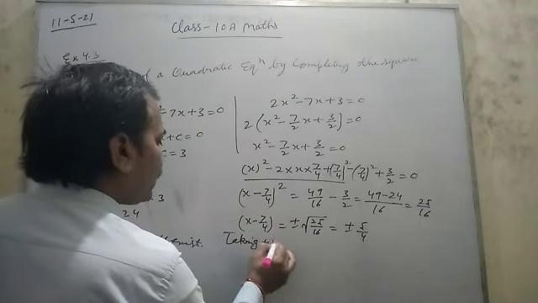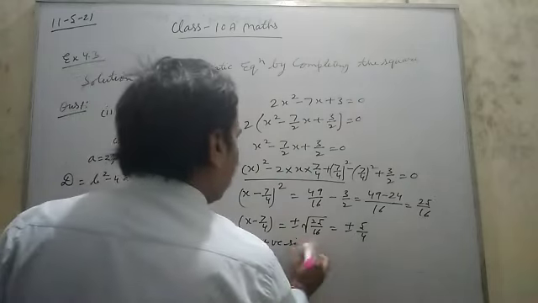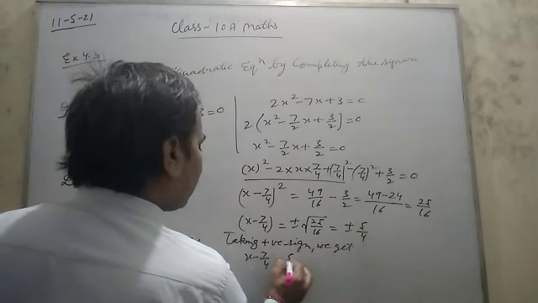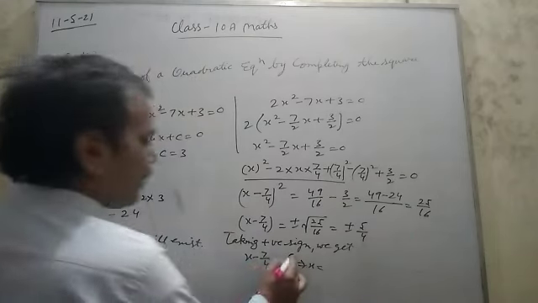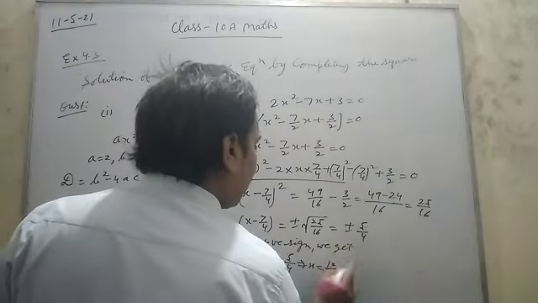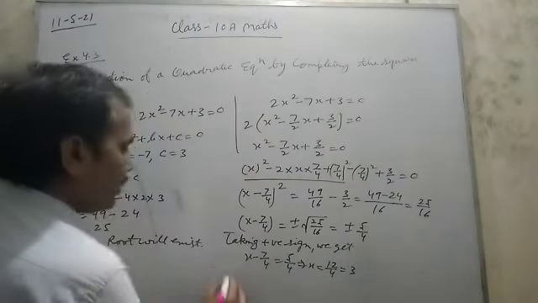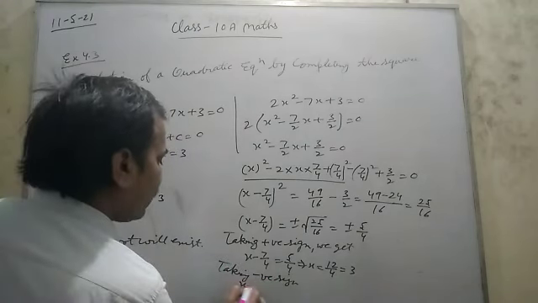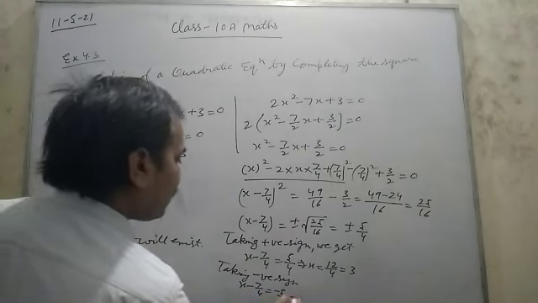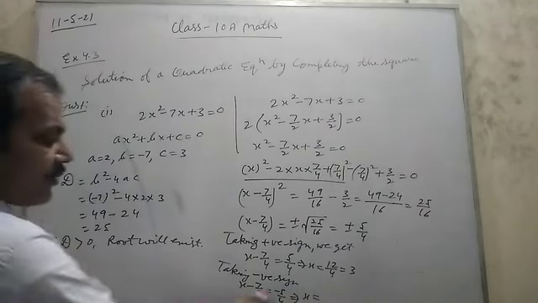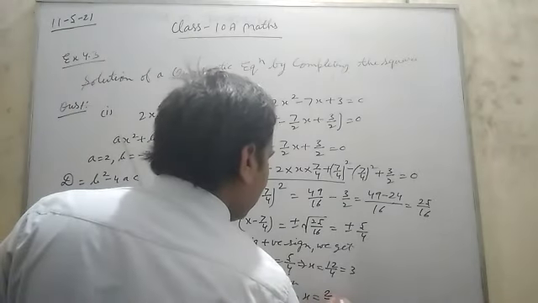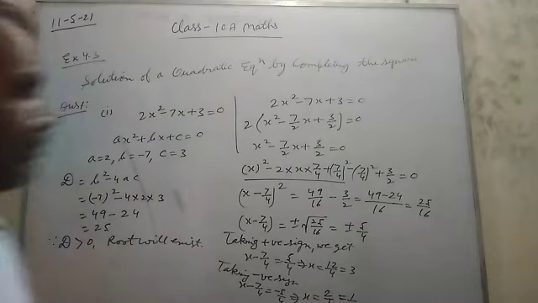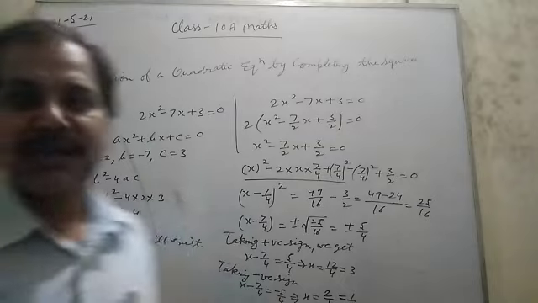So first taking the positive sign, x minus 7 by 4 is equal to 5 by 4. So x is equal to 5 by 4 plus 7 by 4, means 12 by 4, and 12 by 4 is equal to 3. And then taking the negative sign, x minus 7 by 4 is equal to minus 5 by 4. So x is equal to minus 5 by 4 plus 7 by 4, 2 by 4 means 1 by 2. So the roots will be 3 and 1 by 2. Okay. Similarly the remaining you can try. Okay. Thank you.